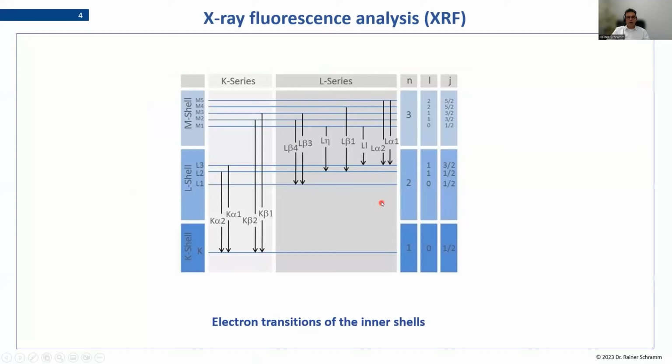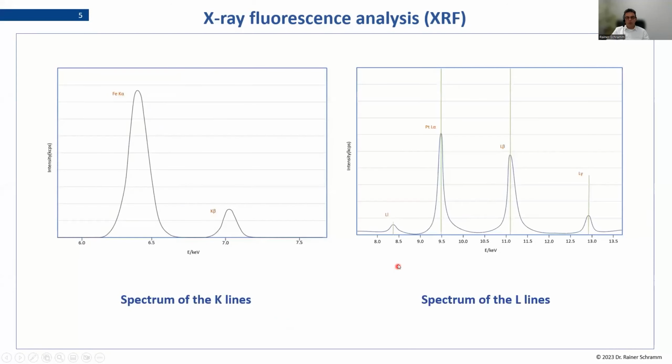Here we have L alpha and L beta with more or less the same probability, and the other two, LL and L eta, are of lower probability, and you see this here in the pattern. L alpha and L beta are quite the same, and the others do not happen so often. In this way, the spectrum is created.